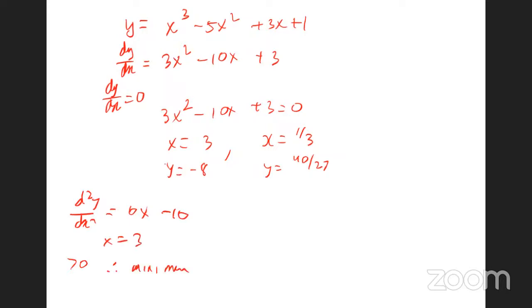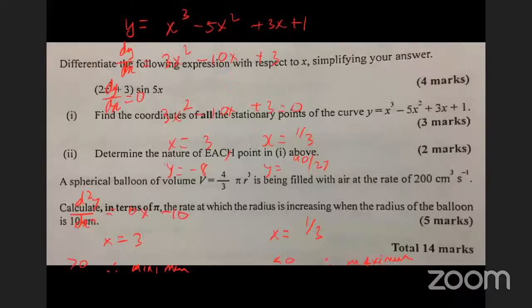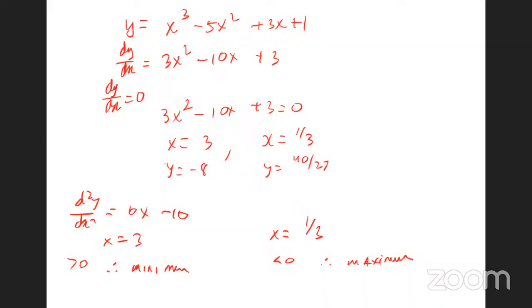Then you plug in x is 1/3, you get less than 0, therefore it's a maximum. That's it? You're done. Easy marks. That's 9 easy marks so far for a little differentiation, provided you learn it.